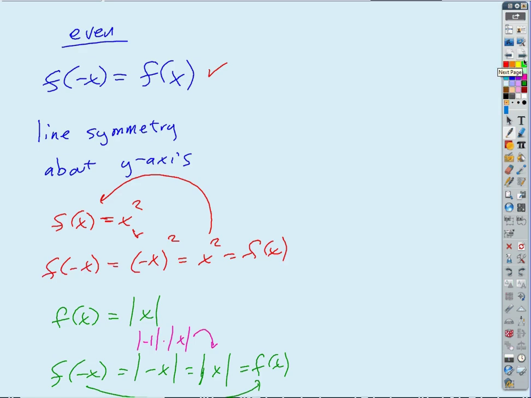Questions? Okay, you see what I'm saying when I talk about even symmetry then. Let's look at a different kind. If even symmetry is one kind of symmetry, what do you think the other type of symmetry I'm going to talk about is? Odd symmetry. Right, so odd symmetry looks like this.